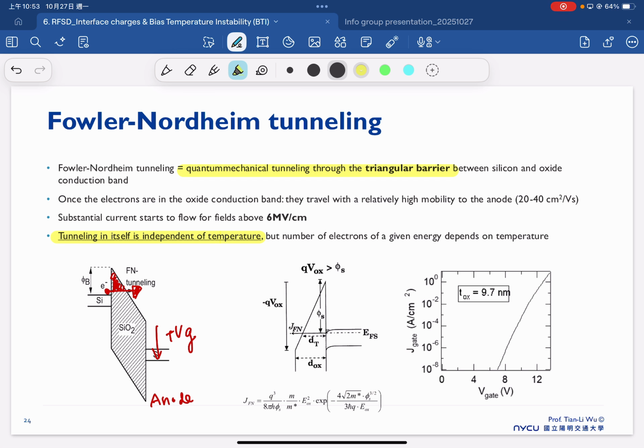You can see from the equation here that this tunneling effect is strongly related to the barrier height, which makes sense, because the barrier height in the end determines the probability of FN tunneling. And this is a typical characteristic for an oxide with a thickness of 9.7 nanometers, and this shows the FN tunneling.